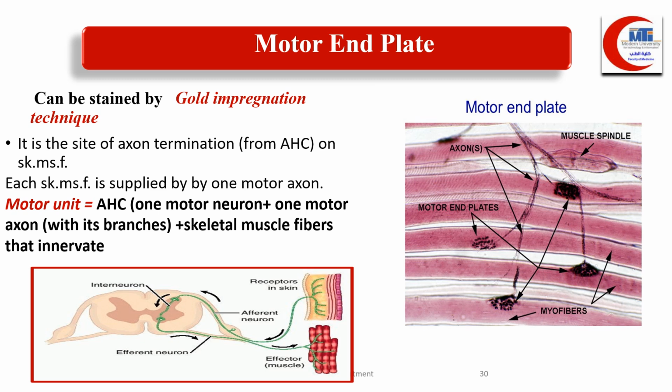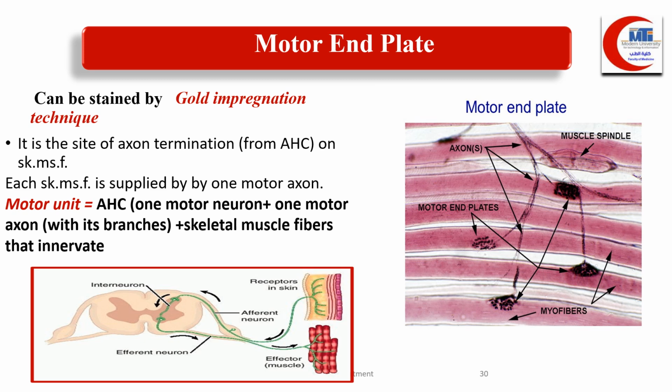Each skeletal muscle fiber is supplied by one motor axon. So there is an important expression. You must know the meaning of motor unit. Motor unit equals anterior horn cell, one motor neuron, plus one motor axon with its branches, plus the skeletal muscle fibers that it innervates.